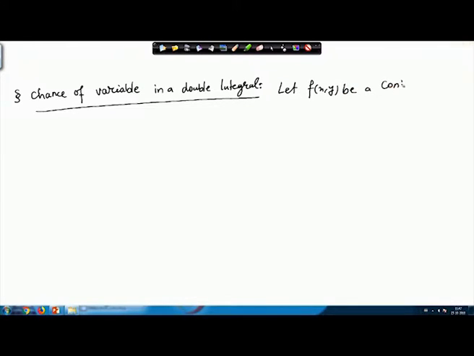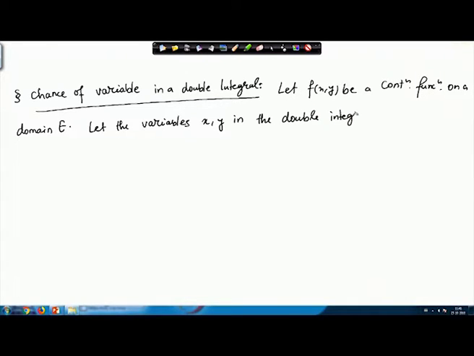So, let us see. Suppose we have a bounded function. Let f(x,y) be a continuous function on a domain or region E, and let the variables x and y in the double integral of f(x,y) dx dy be changed to u and v by the following relation.